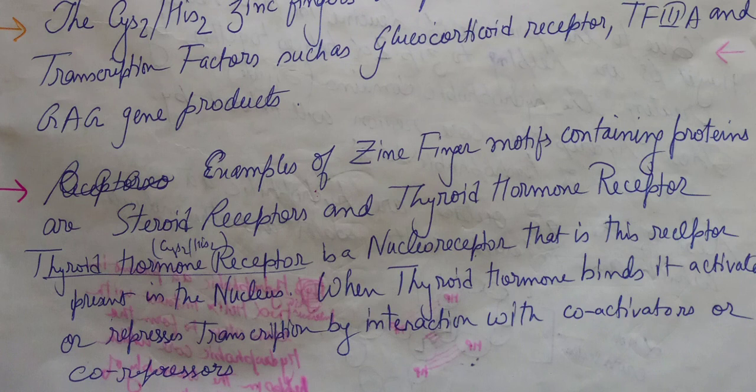Examples of zinc finger motif containing proteins are the steroid receptors and the thyroid hormone receptor.